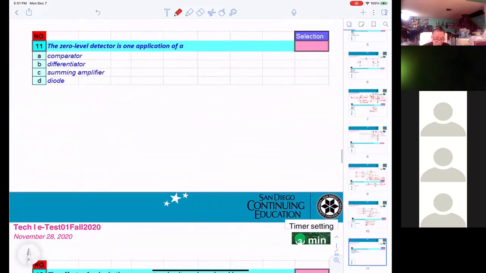Okay, the zero level detector is one application of which one? A, a comparator. That's easy.